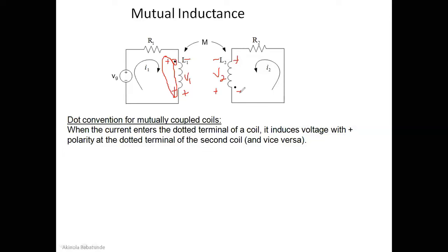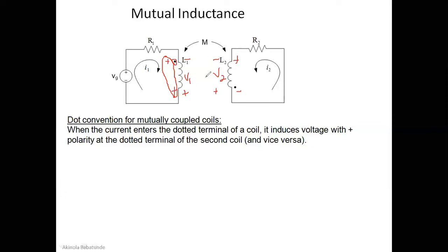So whatever sign you have at this dotted point is what will be induced at the opposite end here. At this dotted point here, we have negative. That means negative will be induced at the dotted end of this voltage V1 here, because V1 is induced by current I2. Do you understand what I'm saying?